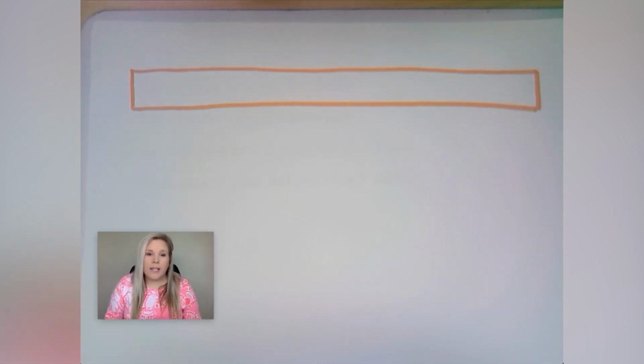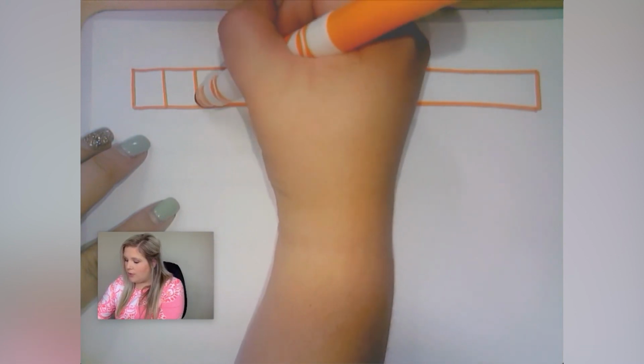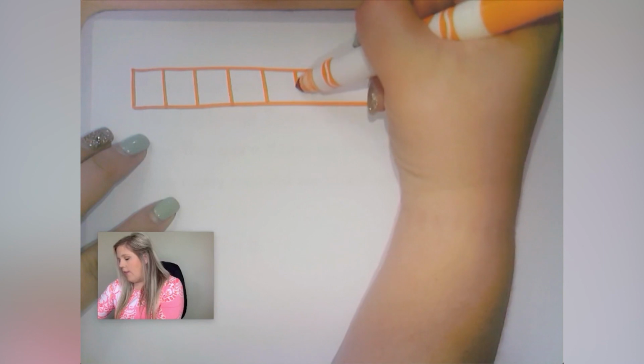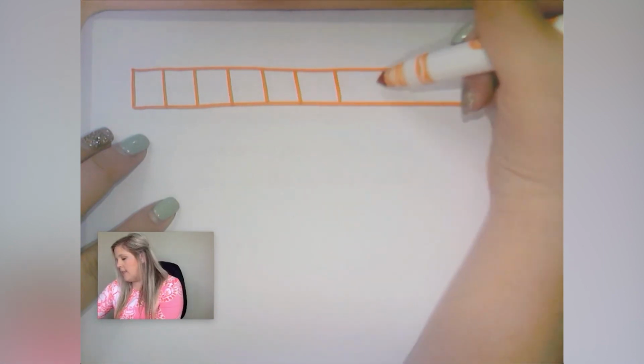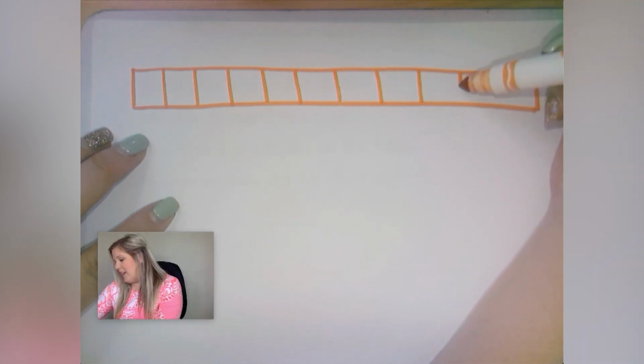Now we are going to draw 9 vertical lines to create our spaces on our number path, like this. 1, 2, 3, 4, 5, 6, 7, 8, 9.